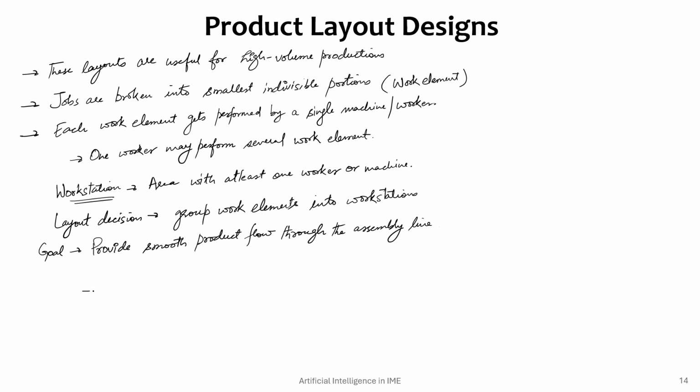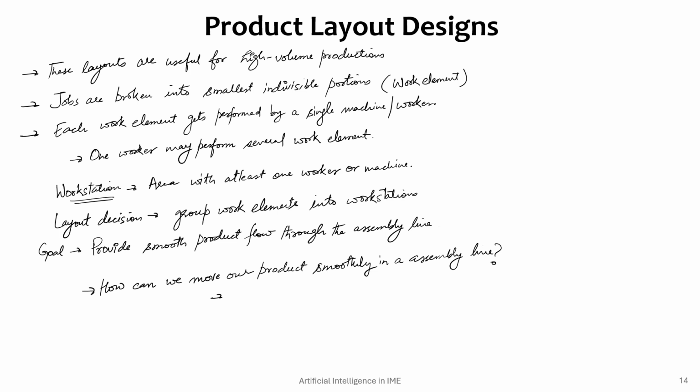So how can we move our product smoothly in an assembly line? The easiest way is, let's say you have multiple workstations identified, right?